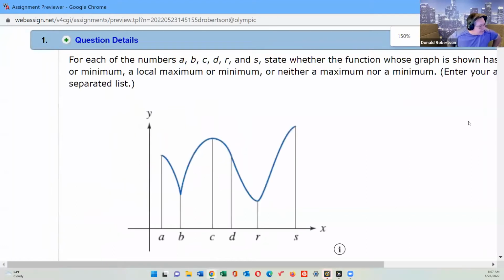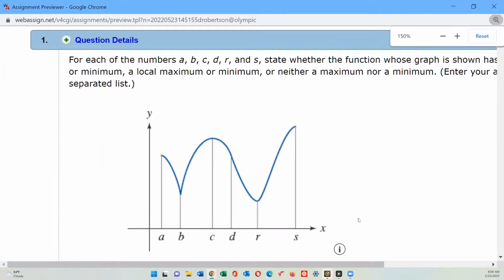So here is a function that starts at A, it finishes at S, and we're only being asked to find its location. So in this function here, you might think that C is the absolute maximum, but it is not. Which of these guys, A, B, C, D, R, or S, where is the absolute maximum value of that function?